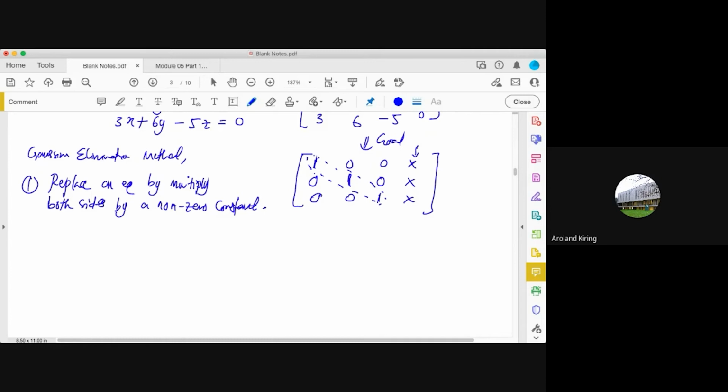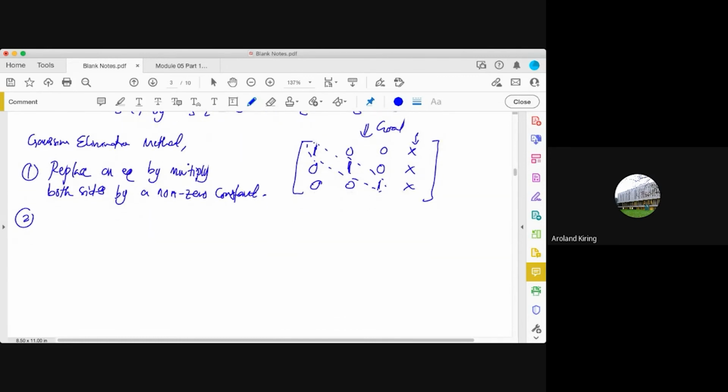Another step that you can do, we will look at this when we solve these problems later on, but this is just a summary. The second step that you can choose is to replace an equation by the sum of itself and a multiple of another equation.